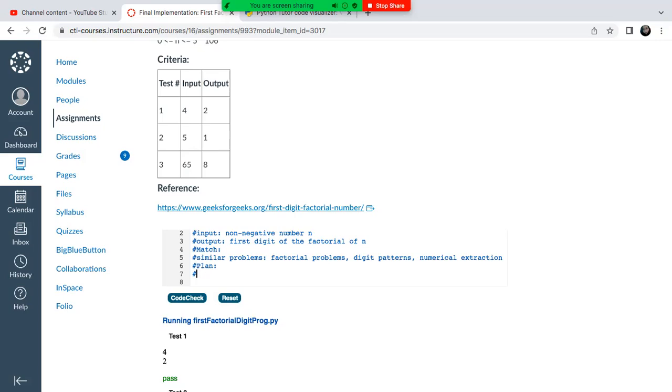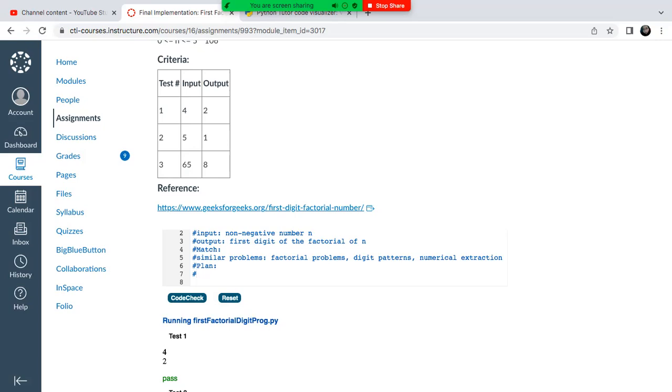So in order to plan against that, we can try to reduce the size of the factorial and still maintain the ability to extract the first digit by, say, dividing by 10.